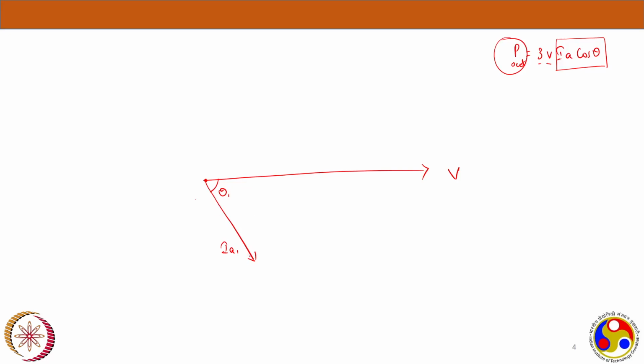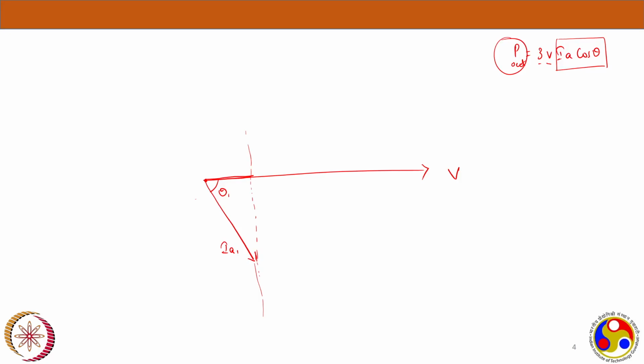The projection of IA onto this V axis, this is the axis where you will have the IA1. So this projection of IA onto this one is the IA cos theta. That projection should be constant.